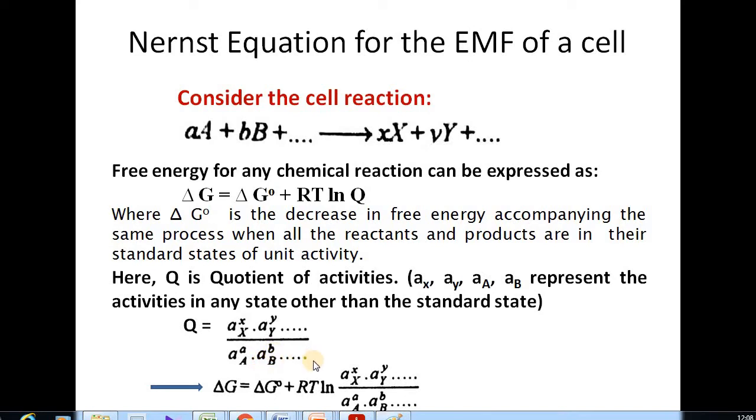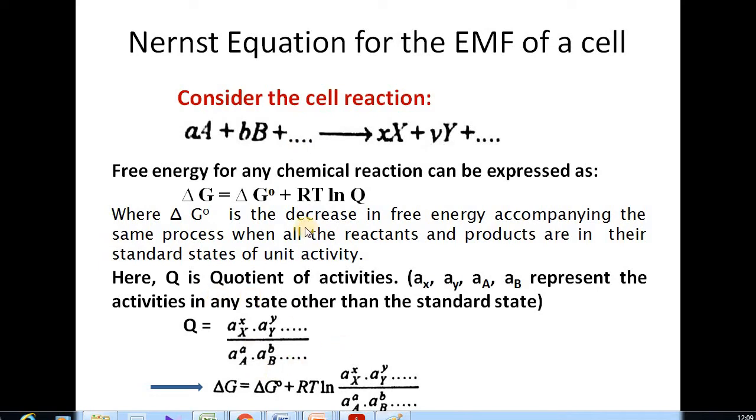So Q is the quotient of activities, giving the ratio of activities of products, each raised to the power of the number of moles of the products, divided by the product of activities of reactants, where the activity of each reactant is raised to the power equal to the number of moles of reactants taking part in the cell reaction.